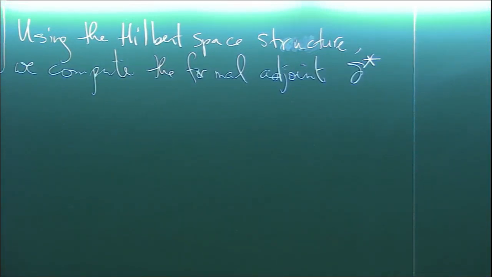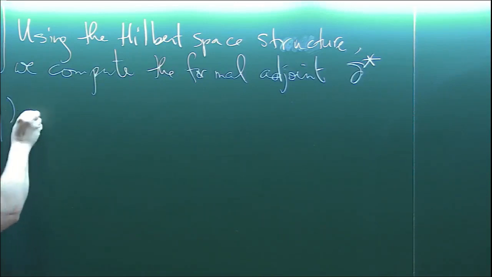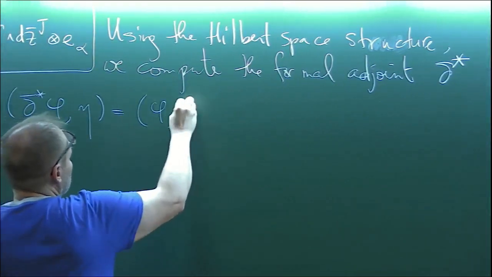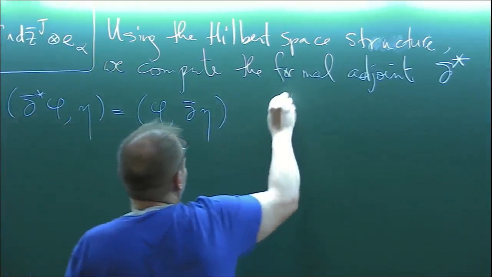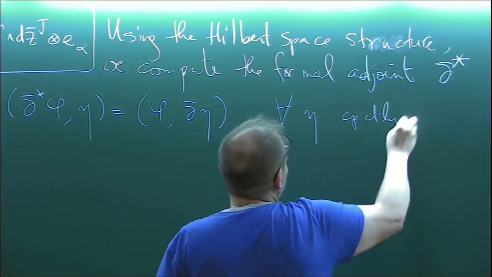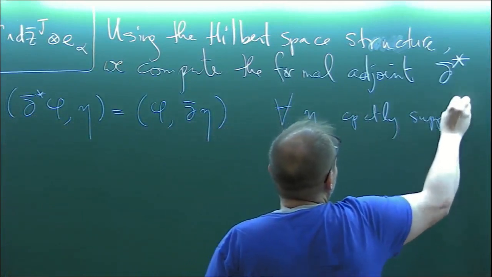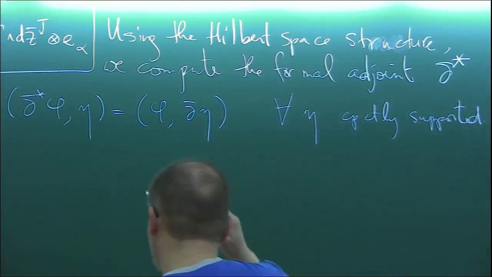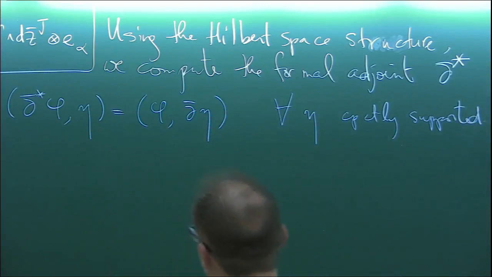So remember that this is just defined by d bar star phi, say eta, is supposed to equal phi d bar eta for all eta compactly supported, PQ, NQ minus 1 forms with values in E.